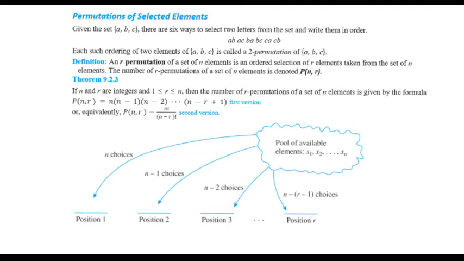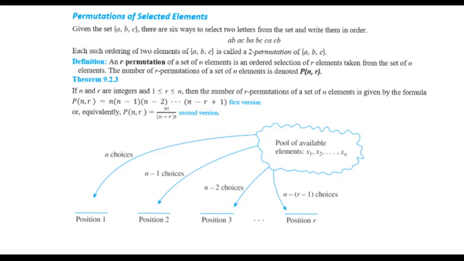Now we have a very useful theorem, Theorem 9.2.3, which basically says if n and R are 2 integers and R is between 1 and n inclusive, then the number of R permutations of a set of size n is given by the formula P of n and R equal to n times n minus 1 times n minus 2 all the way to n minus R plus 1.